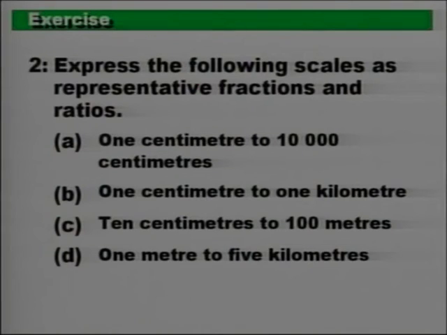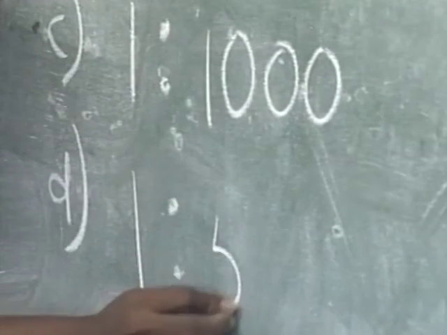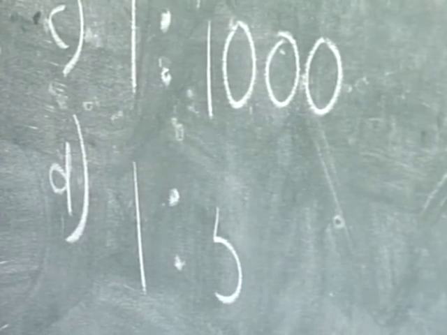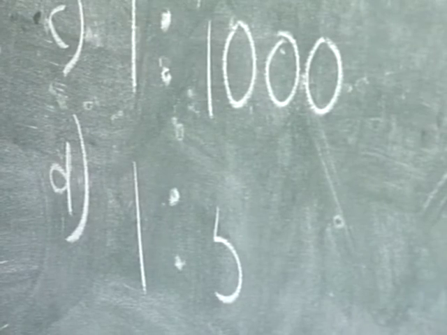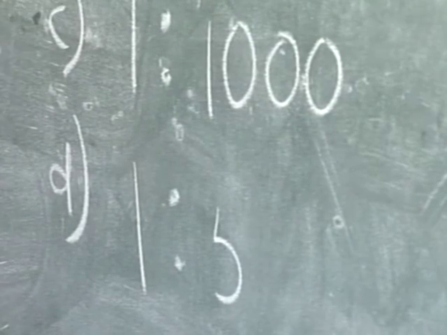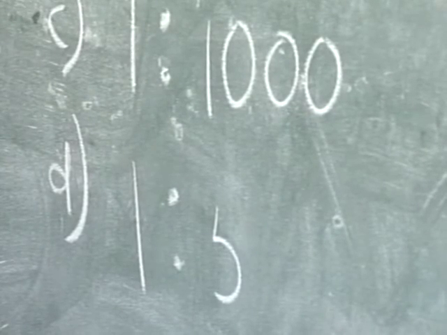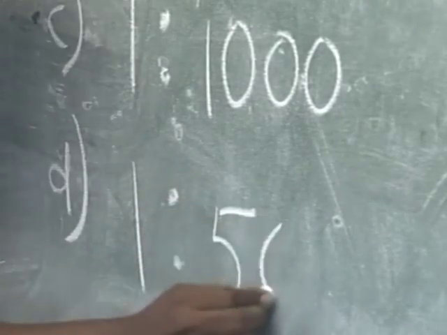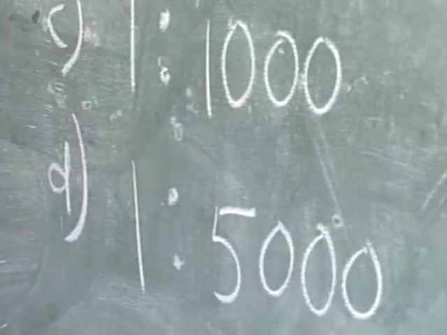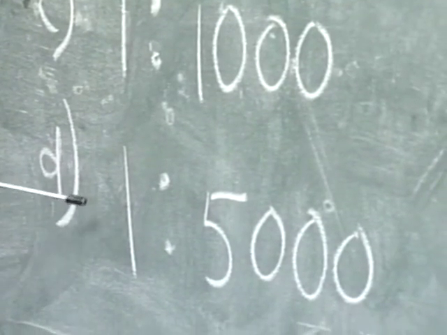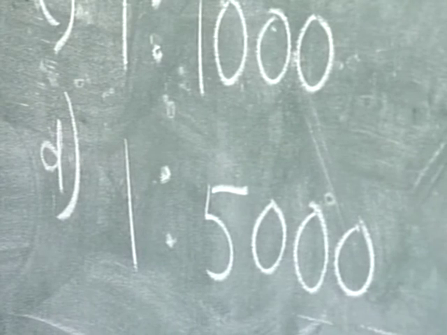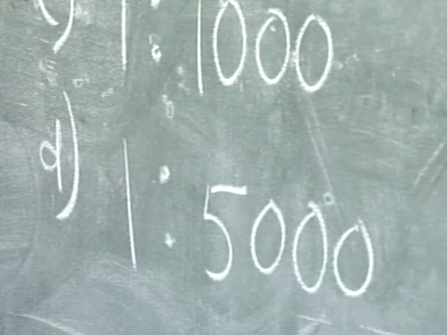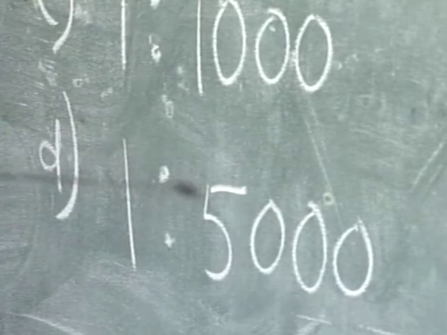So we will end up with a representative fraction or ratio of 1 is to 5,000. Yes, 5,000. So our answer would be 1:5,000.